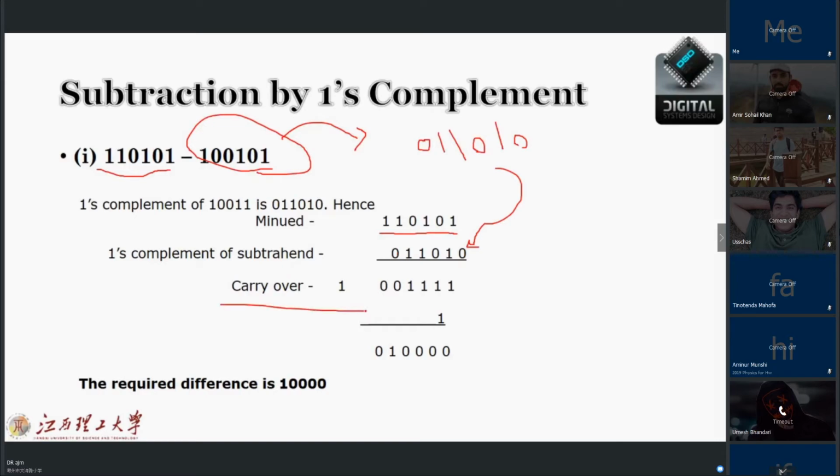If I have the carryover, again I should add it with 1. That means after finishing the addition, I will add 1, and the required difference is something like this. If you convert this binary number into decimal, you will see that the job we have done was correct.